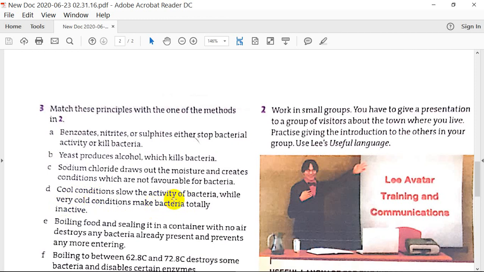Very cold conditions make bacteria totally inactive. Sometimes it kills them, sometimes it makes them inactive. You can match it with the word above. Boiling food and sealing it in a condition with no air destroys any bacteria already present and prevents more from entering.